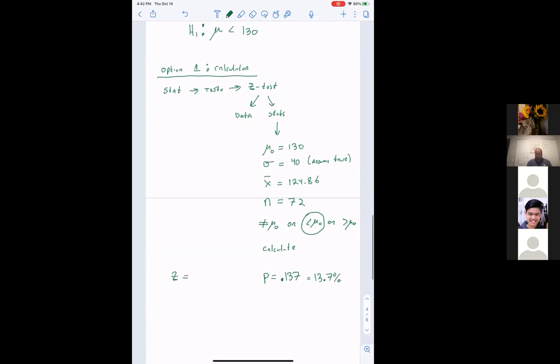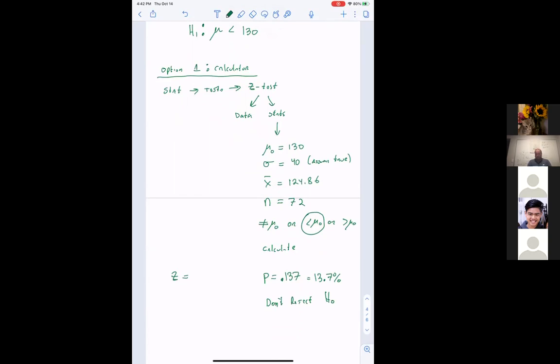And this is too high of a probability to reject the null hypothesis. So what do we conclude? Don't reject the null hypothesis. We're not claiming the null hypothesis is correct, but your data has not convincingly shown that we should reject it. Your p-value is not small enough.